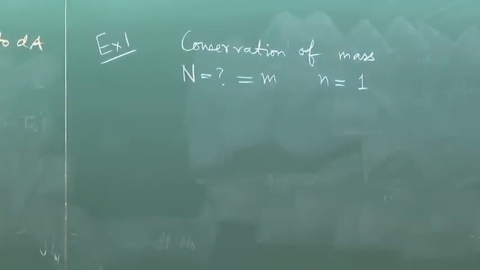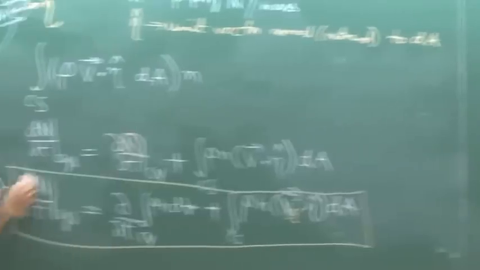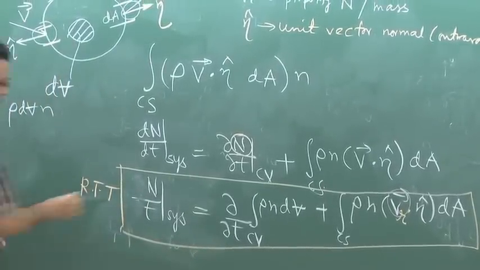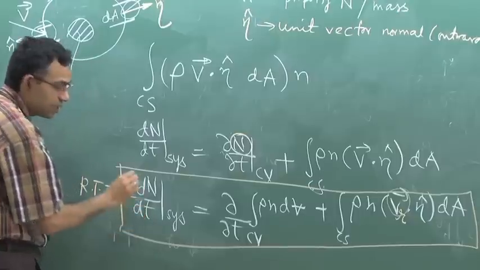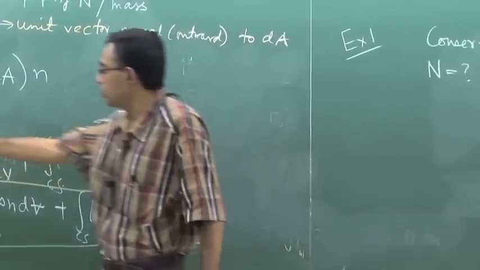One small thing, so this is d/dt, right? Because this is the total change, right? So just look at the previous step.